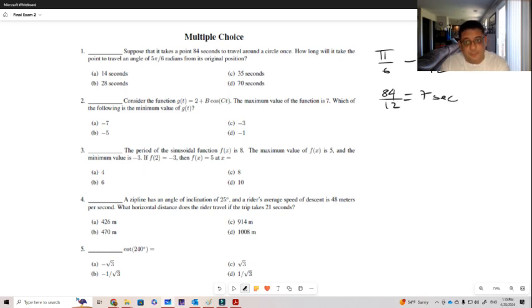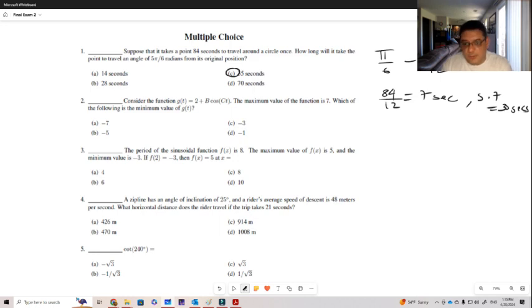But now, because we want to travel 5 pi over 6 from the original position, we calculate 5 times this 7 seconds. 5 times 7 is 35 seconds.